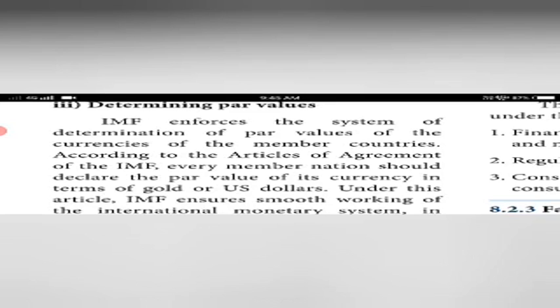Under this article, the IMF ensures the smooth working of the international monetary system, in favor of some developed countries.